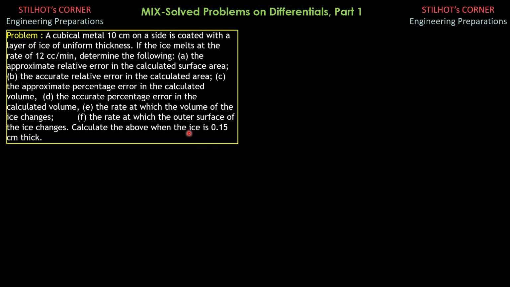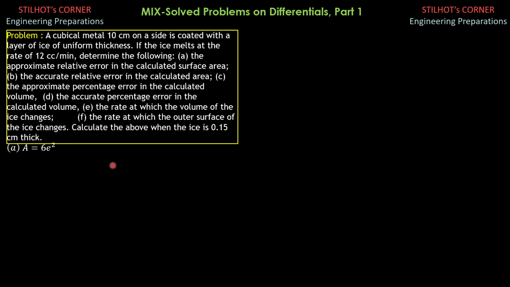For the solution, part A, approximate relative error in the calculated surface area. We use differentials here. The approximate error in the calculated area is the differential area. The surface area of a cube has six faces, and each face is a square, so 6 times side squared. I denote the side as E, so 6E squared.